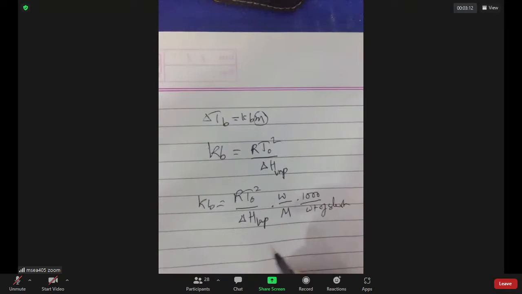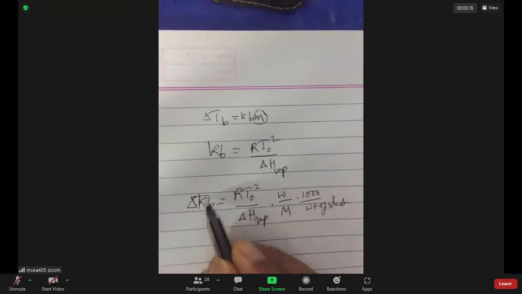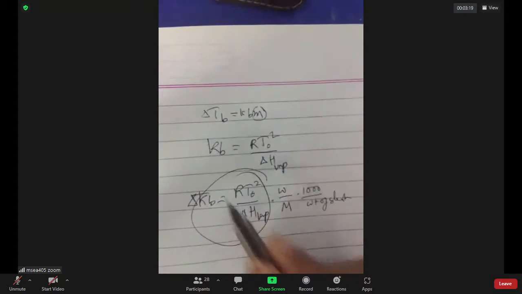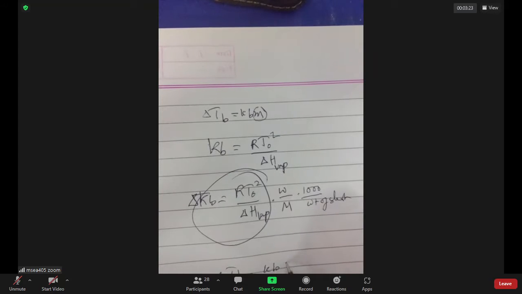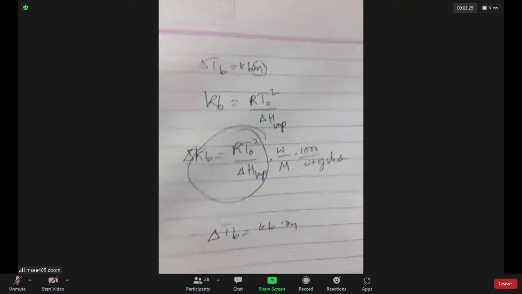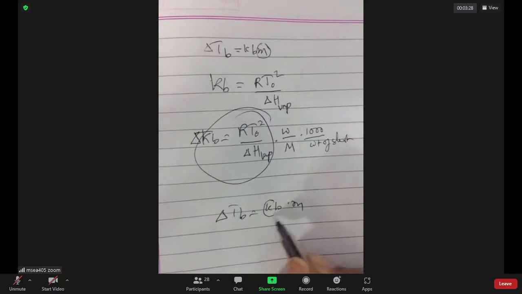In an experiment, you all know that delta Tb is equal to Kb into m. Instead of Kb, you can write the above value.